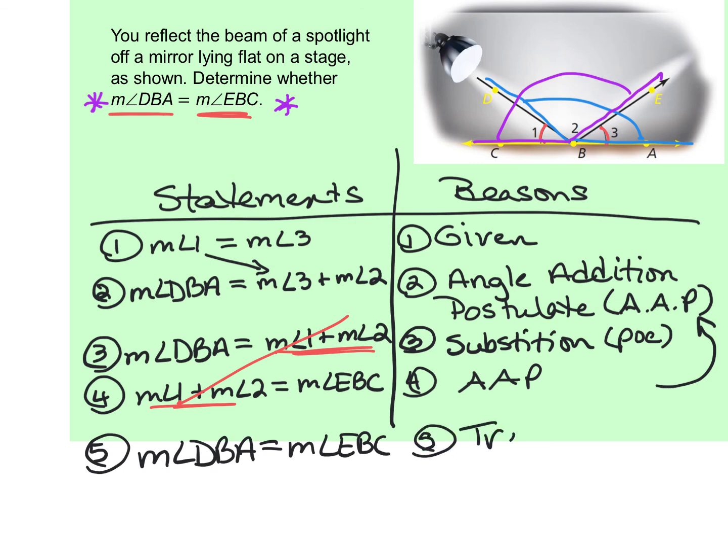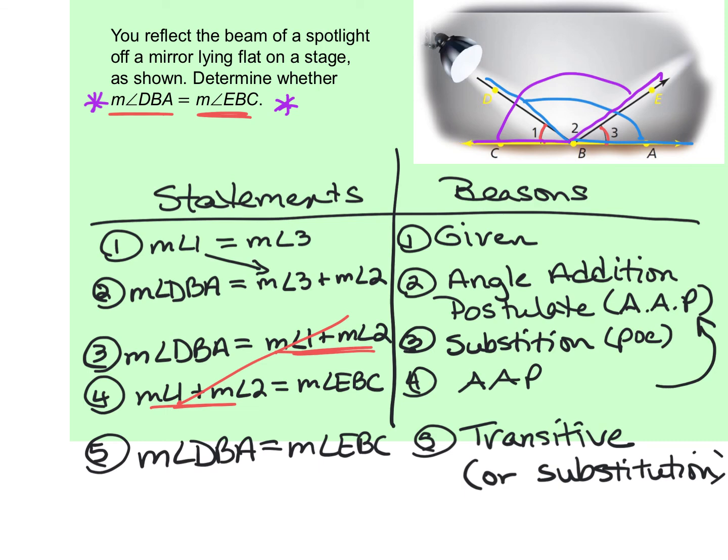And this is the transitive property. Now, I would also accept substitution on this one. Either one. And that is your first introduction to a geometry proof.